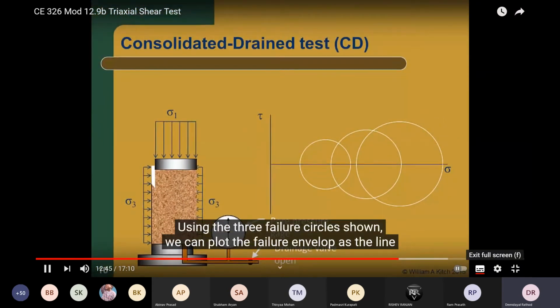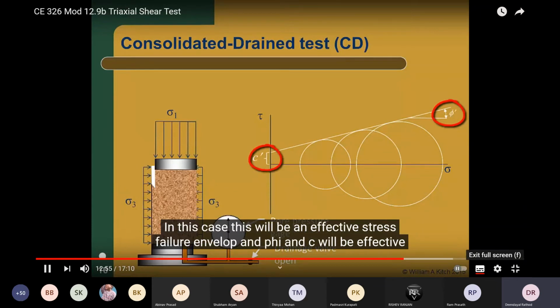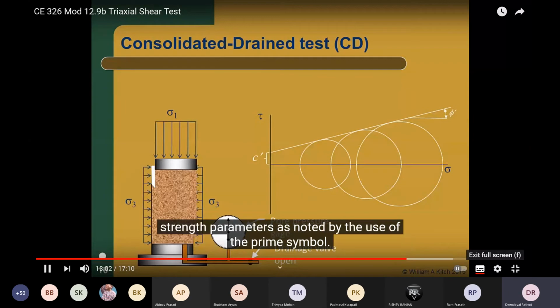Using the three failure circles shown, we can plot the failure envelope as the line tangent to the circles and compute the friction angle phi prime and cohesion C prime. In this case, this will be an effective stress failure envelope, and phi and C will be effective stress parameters, as noted by the use of the prime symbol.